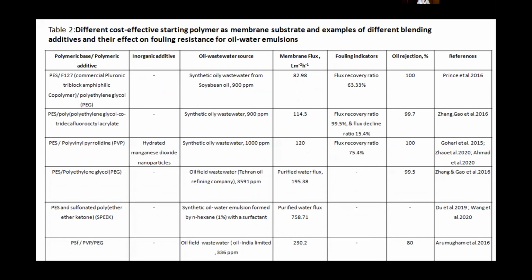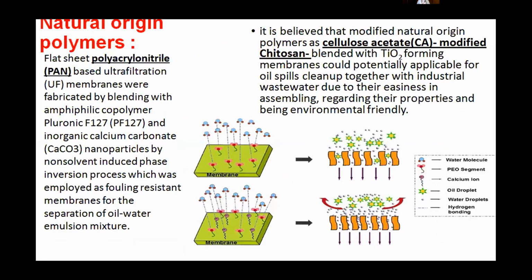Another grafting can be made with the Pluronic tri-block amphiphilic copolymer, Pluronic F127, and other examples, which increase the flux recovery ratio by more than 70%. We have many examples.